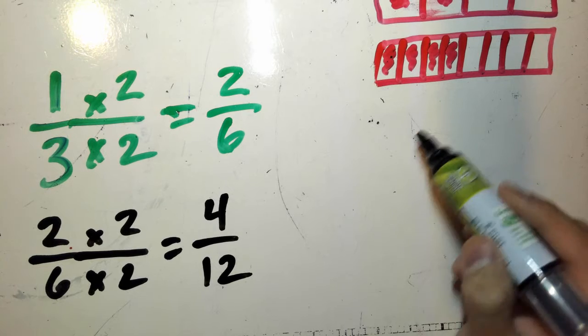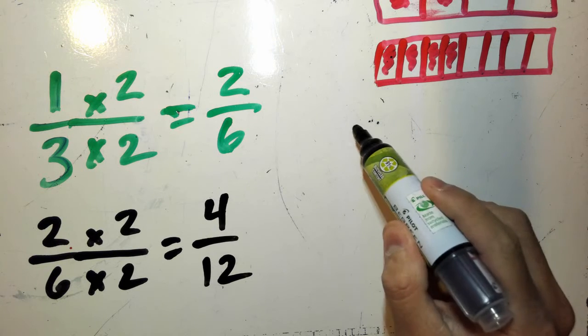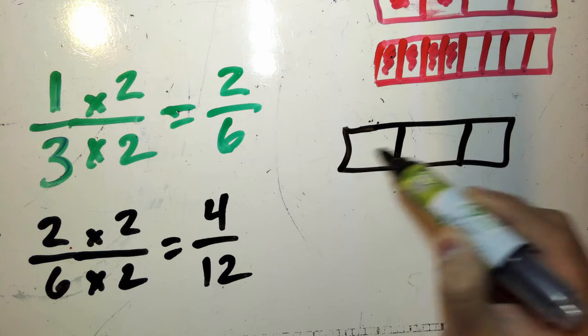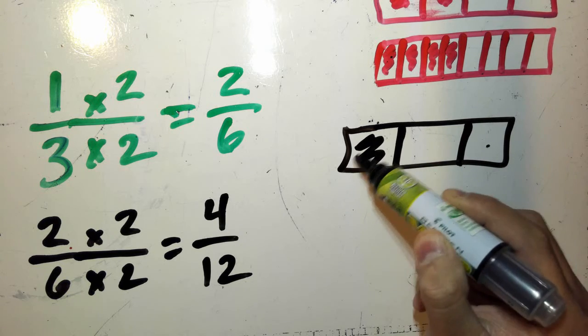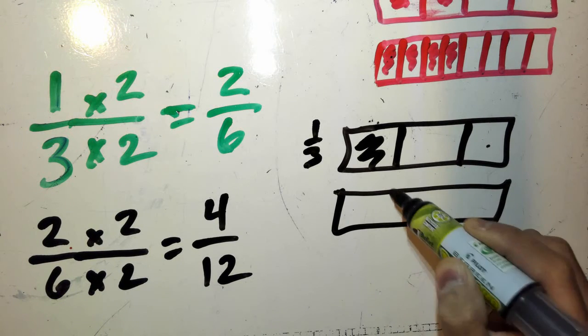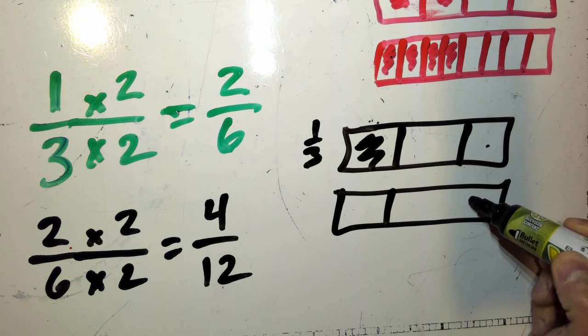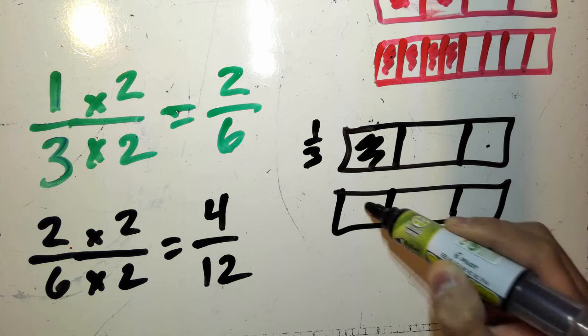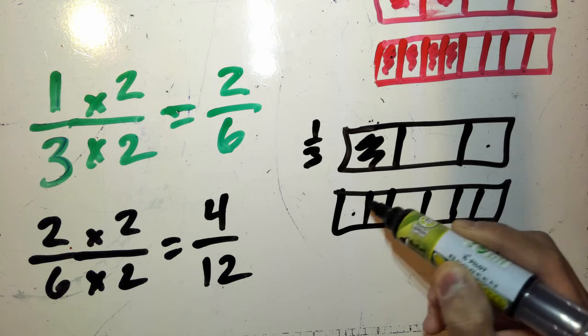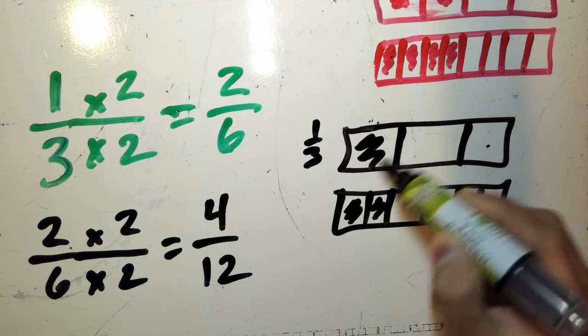And what we can do is we can see here again, if I was to make this into thirds, 1, 2, 3, that's 1/3. And I take the same piece, and this time we're going to break it into 6. So again, 1, 2, 3, 4, 5, 6, and we're going to take 2, and notice they're the same size.